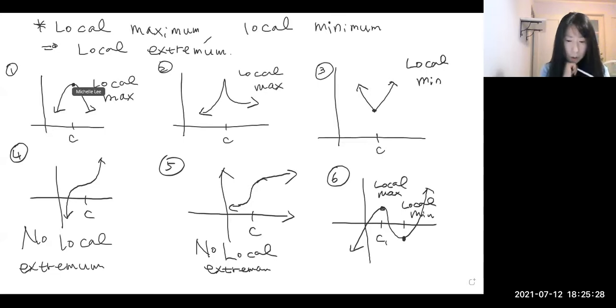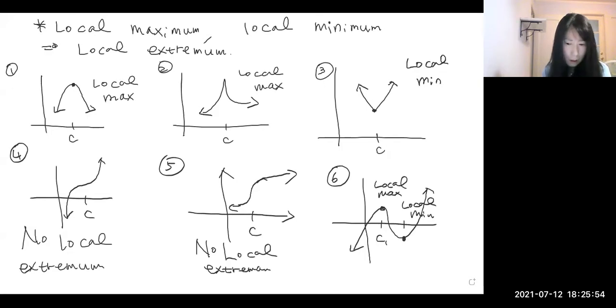Which one has an absolute max or minimum in this case? One and 6. Number 6 cannot because it keeps going on the top, keeps going to negative infinity, right?